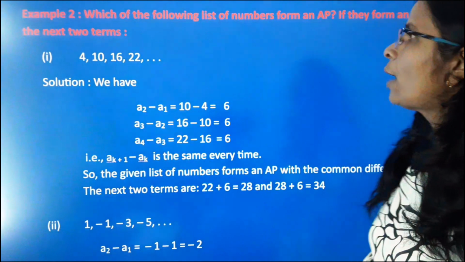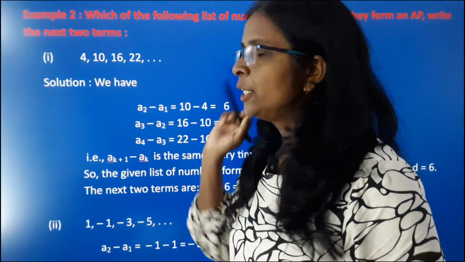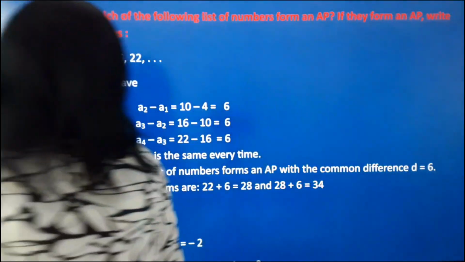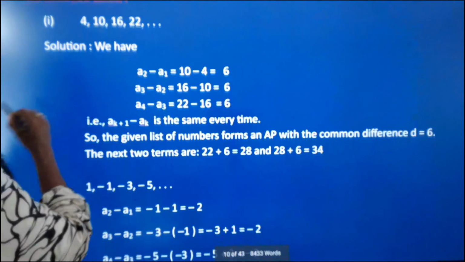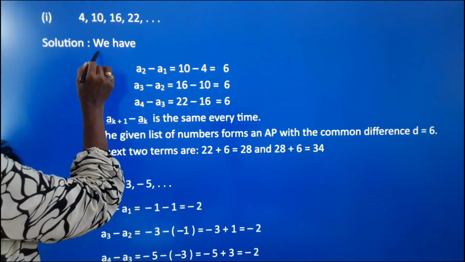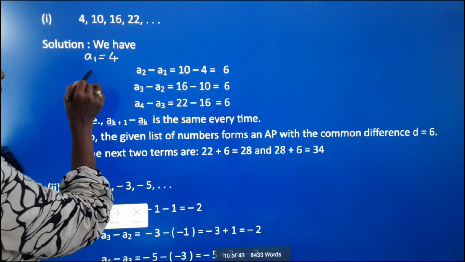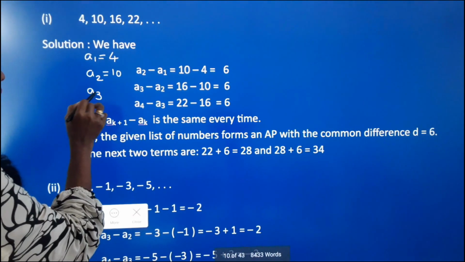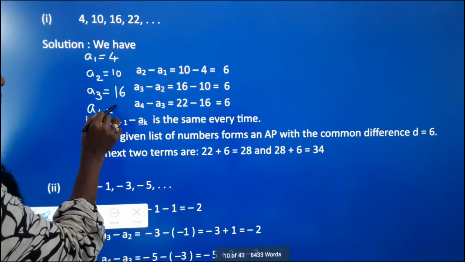Now here the list of numbers is 4, 10, 16, 22. A1 is equal to 4, A2 is equal to 10, A3 is equal to 16 and A4 is equal to 22.